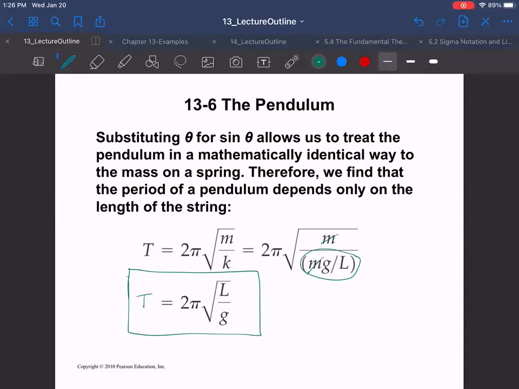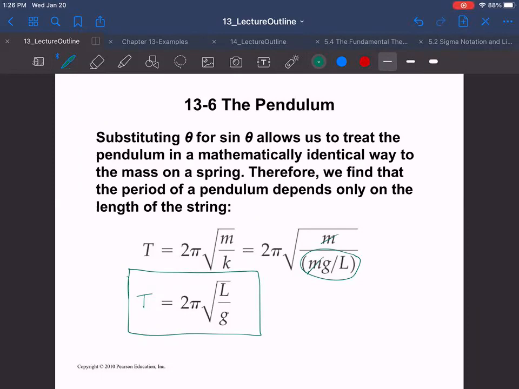It wouldn't be the same, right? What would be wrong with it? The period would be longer because we'd have a smaller G on the moon. It's like 1.6 or something. I don't remember. 1.3, I don't know.